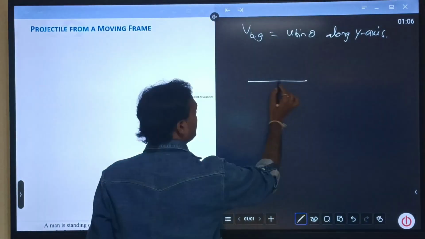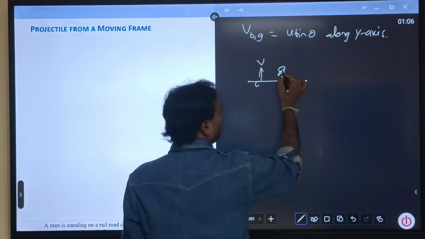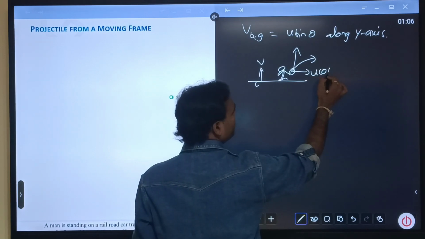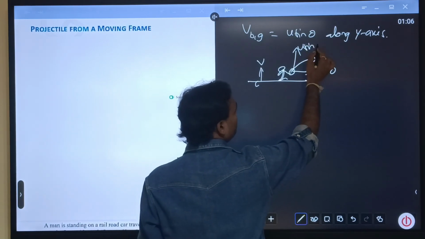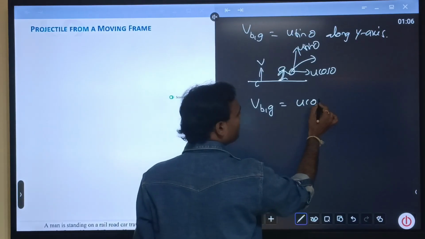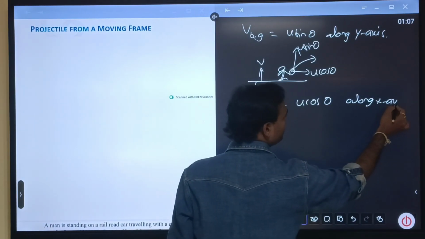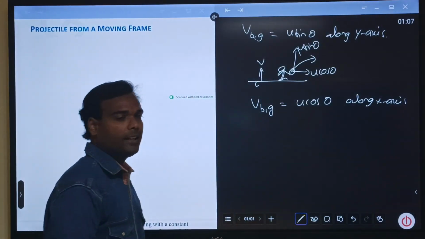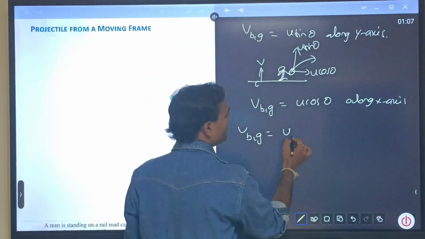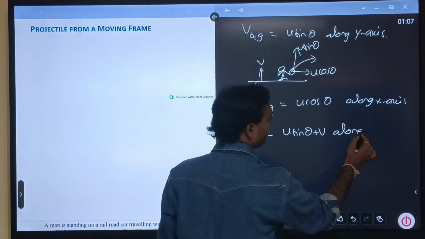Similarly, if trolley is moving in the upward direction with the velocity v, and he is throwing the ball with u cos theta, u sin theta, then velocity of ball with respect to ground is u cos theta only along the x-axis, and u sin theta plus v along the y-axis.